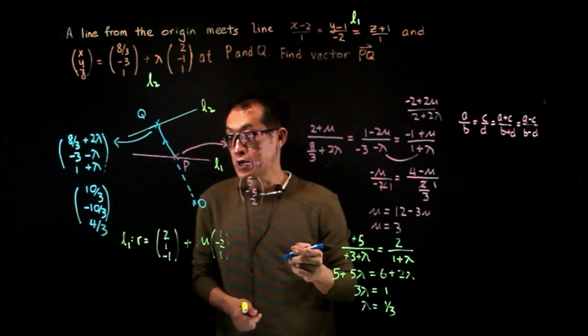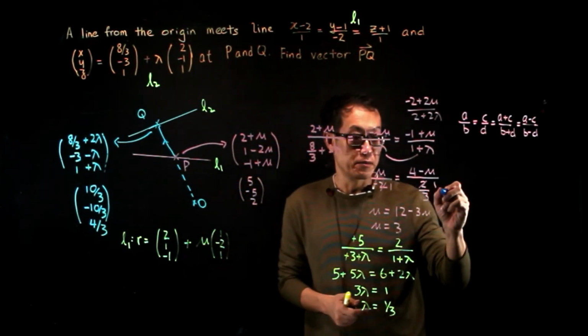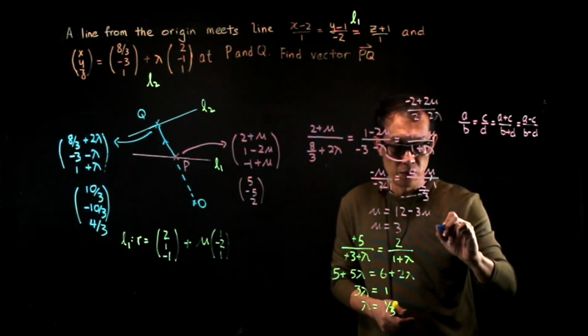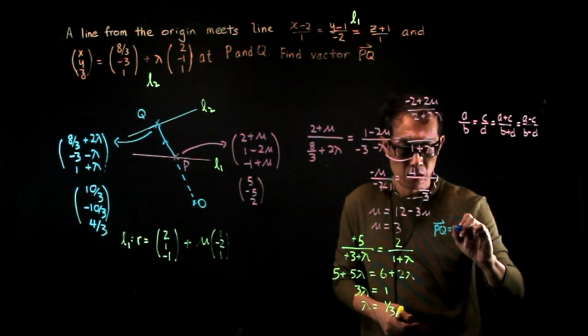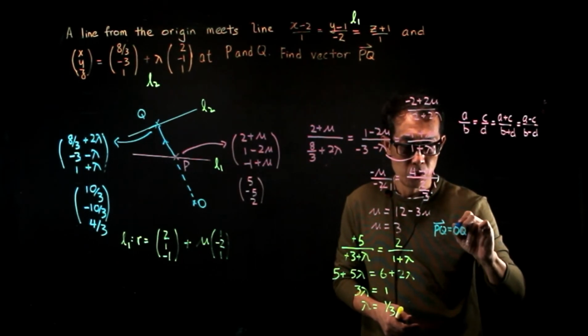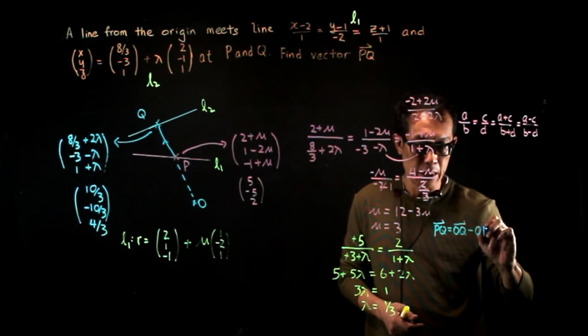So how to find PQ? We are running a bit out of space, never mind, coming to an end. So vector PQ will be OQ minus OP.